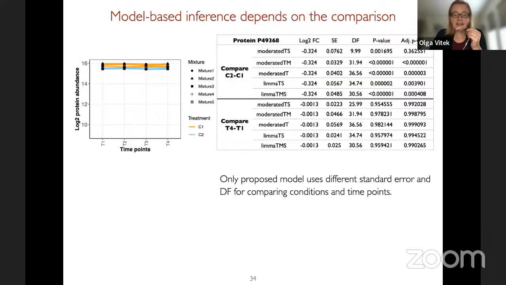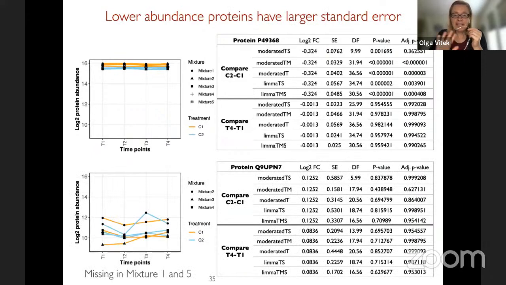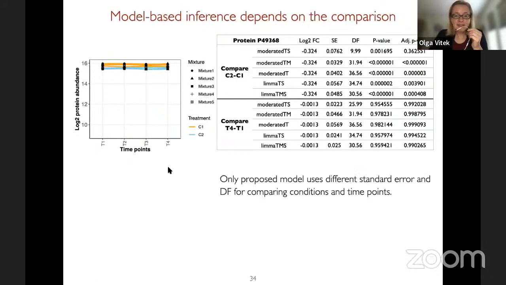And here, just some, again, technical argument. Let me maybe start with this first. So this is more for those who are familiar with statistical methods. So if you look at comparisons between conditions versus comparisons between the times, well, the estimates of variability are different, but if you look specifically at how much data went into these comparisons in the degrees of freedom, we see that all the methods except MSstatsTMT use the same degrees of freedom.